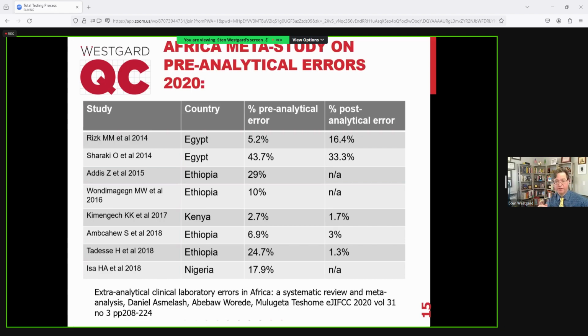In Ethiopia, the difference is, well, 10 or 29%. A study in Kenya saying only 2.7% pre-analytical errors were occurring.